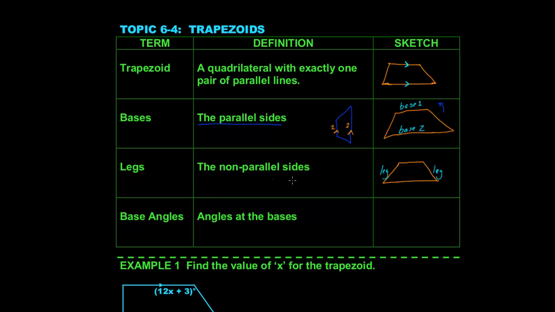Angles at the bases. If I was to redraw, we have our angles here and here. Notice I put 1 and 2 because they are not congruent. Nothing tells us that they are congruent. Our base angles are simply our angles that are at our bases.